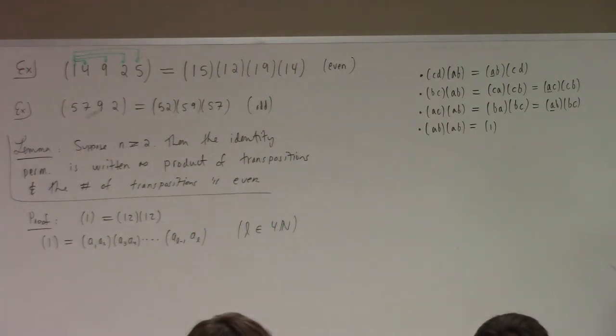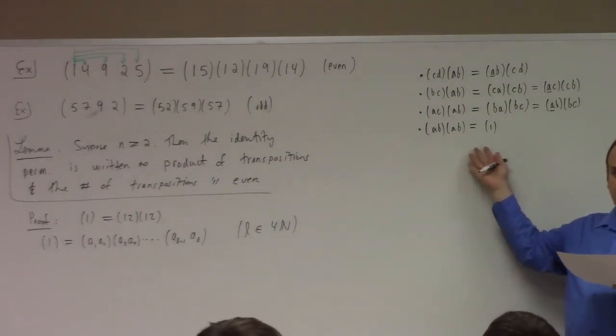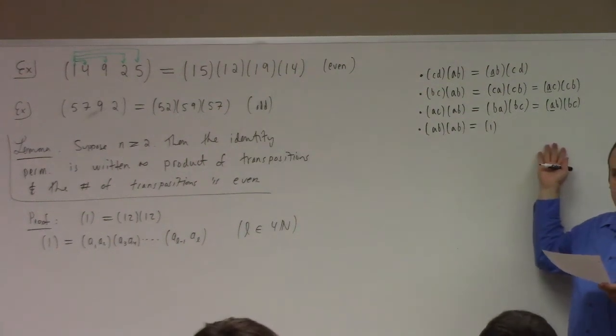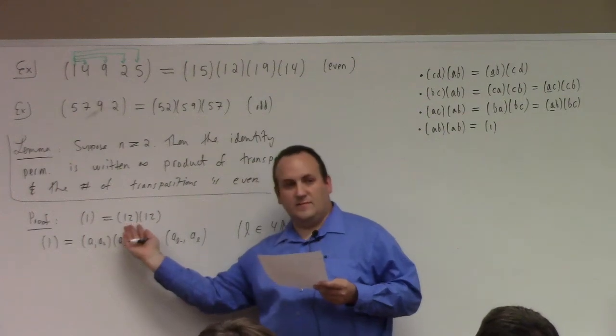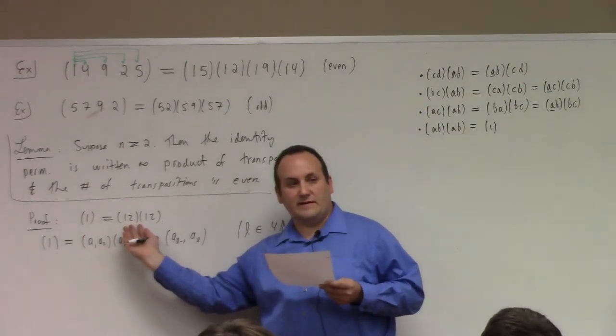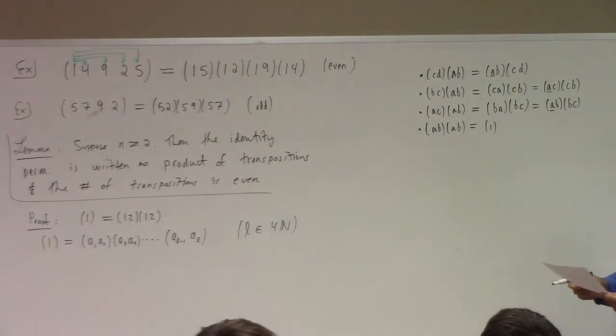So therefore we can get rid of all the occurrences of A by canceling out the transpositions in pairs, continuing in this fashion. After A is gone, pick the next smallest remaining number, and so forth. Eventually we will cancel out all the transpositions. But the way the cancellations are done, either we remove a pair or we keep a pair, right? So the fact that this is even means it has to stay even any way you rewrite it. So that's basically the argument.